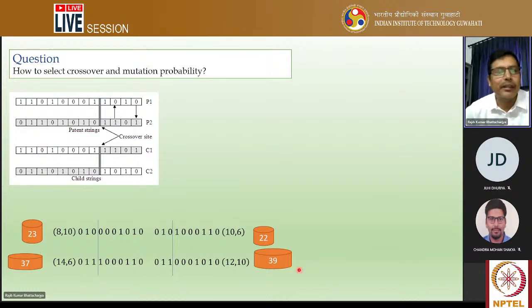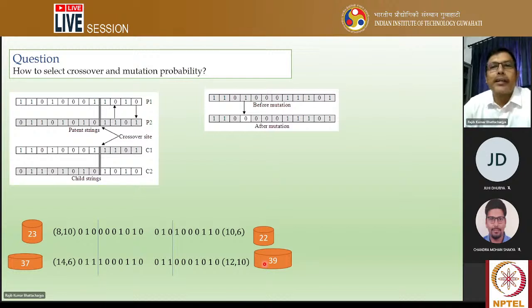Similarly, it was 37, and I am getting 39. That is also near the parents. So you can conclude that crossover gives you a solution near the parents, or you can say this is a local search. That means you are searching near the parents to see whether there is any better solution. So it is a local search you are doing.